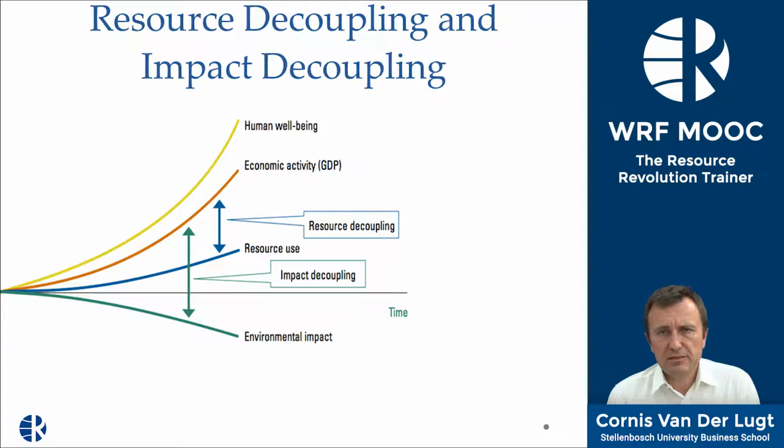Fundamentally, what we need, if we look at our planetary conditions today, is absolute decoupling. For example, for OECD countries, it is estimated that they need to accomplish at least a factor 5 improvement in resource productivity by 2050.